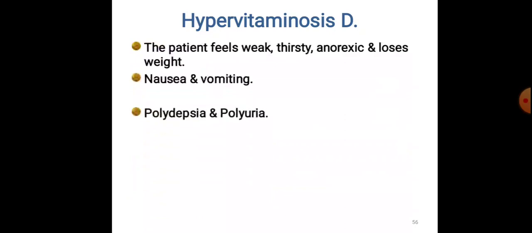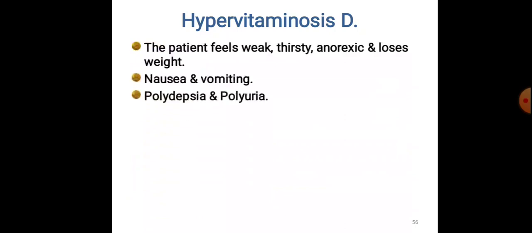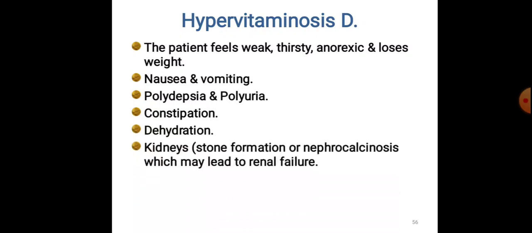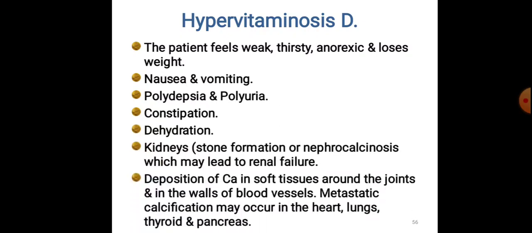There will be nausea and vomiting, polydipsia and polyuria, constipation can also occur, and also dehydration. The kidneys show stone formation or nephrocalcinosis, which may lead to renal failure. Deposition of calcium in soft tissues around the joints and in the walls of the blood vessels occurs, and metastatic calcification may also occur in the heart, lung, thyroid and pancreas.